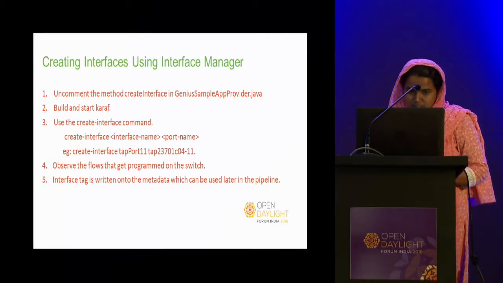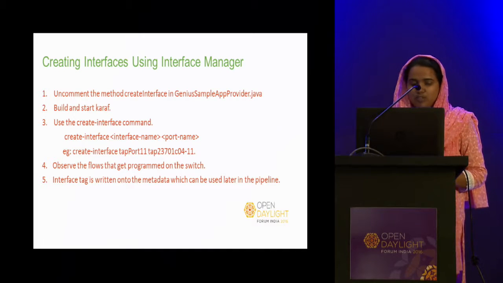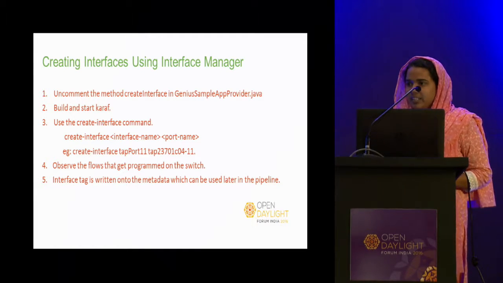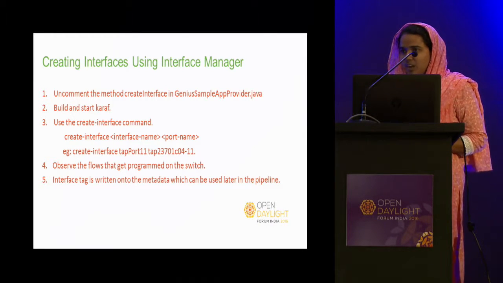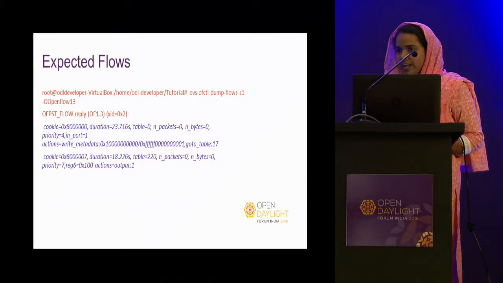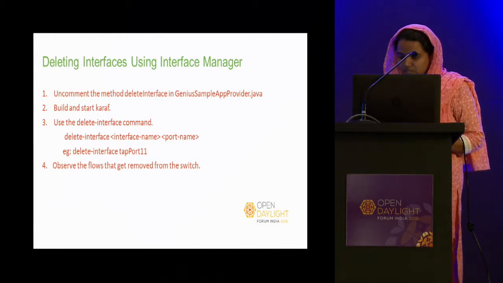You would have seen the previous topology that I had given. On OVS, suppose you have 2 tap ports, how can you establish connectivity between these 2 ports? If there are some hosts behind them, how do you ping them? That's what we are going to do first. That is the code which is already available. For that to work using Genius, you have to do a series of steps. That's what we are demoing now.